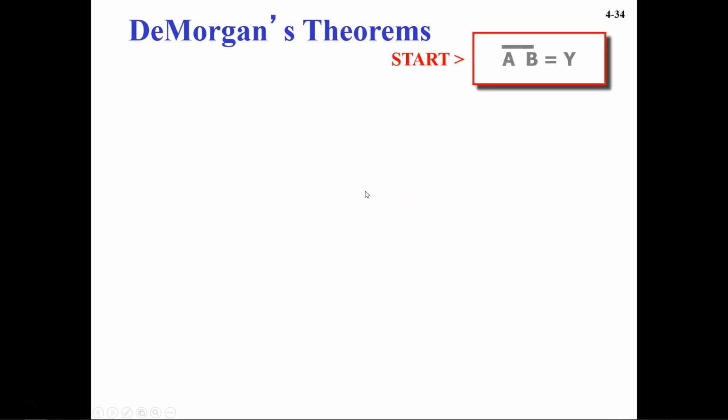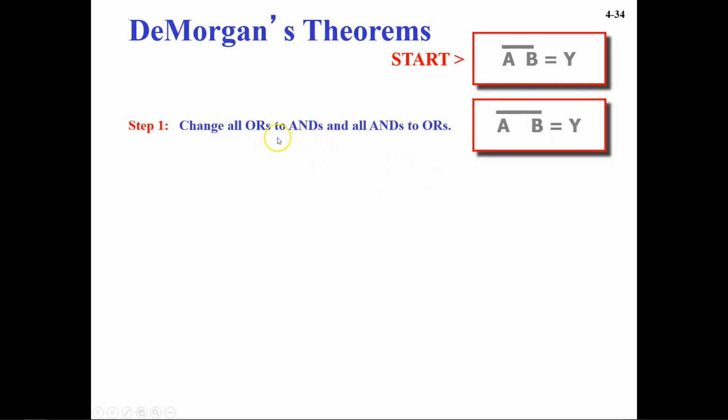So you have A B bar, which is equal to Y, and next, change all ORs to ANDs, and all ANDs to ORs. Here you have an AND gate, so you will change AND to OR. So this AND has changed to OR.